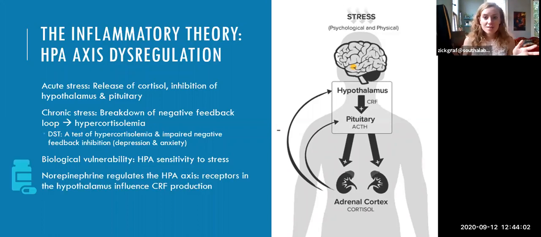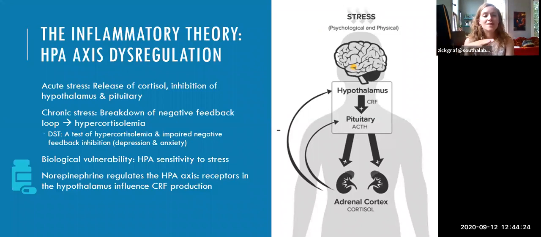And just like chronobiology and sleep, the HPA axis is regulated by the monoamine system. So norepinephrine is one of the 3 monoamines that's implicated in mood. Norepinephrine plays a special role in anxiety because it signals in the hypothalamus to help regulate the release of corticotropin releasing factor.